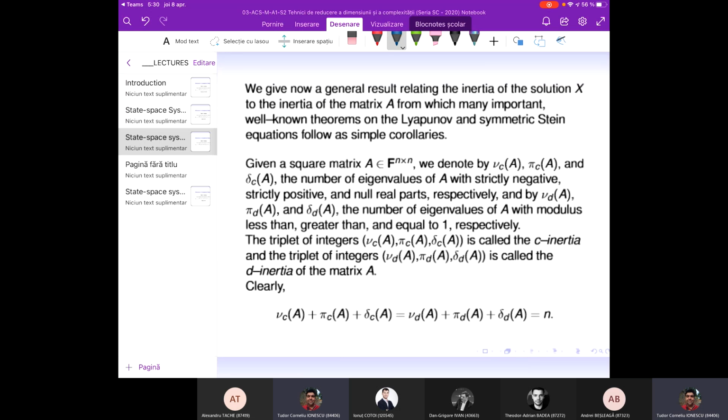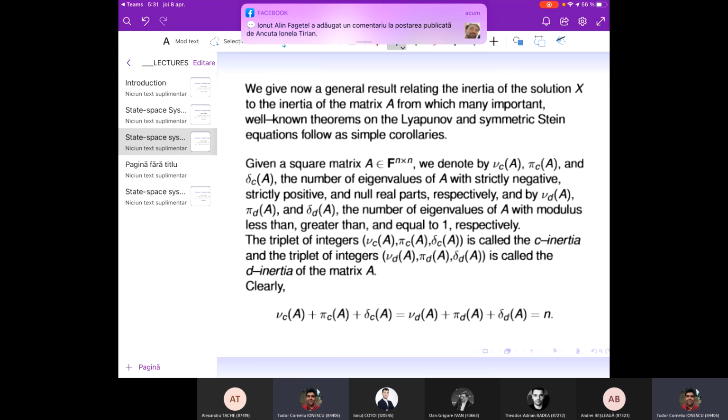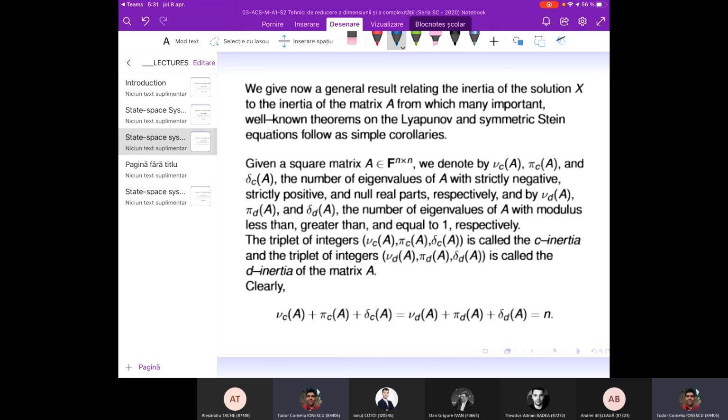It says here that we now give a general result relating the inertia of the solution X to the inertia of the matrix A, from which many important theorems on the Lyapunov and symmetric Stein equations follow as simple corollaries. So given a square matrix A, we denote by ν_C(A), π_C(A), and δ_C(A) the number of eigenvalues with negative, positive, and zero real parts.